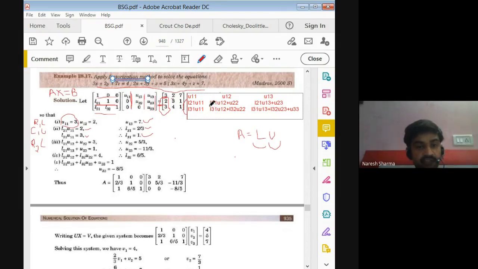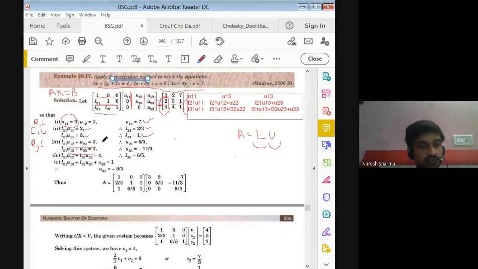So we compare this with matrix A. L21 U12 plus U22 is equal to 3, and similarly L21 U13 plus U23 is equal to 1.